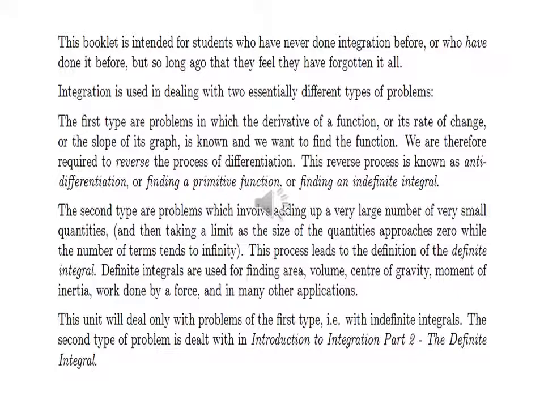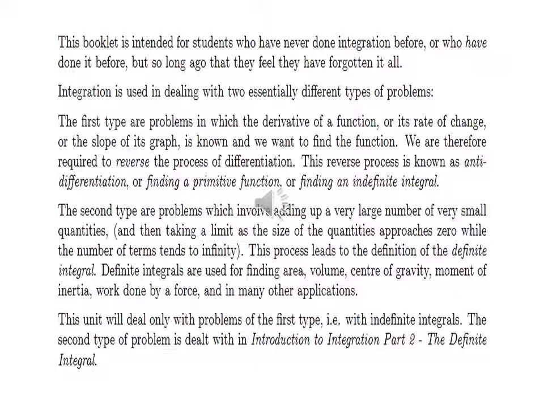The first type are problems in which the derivative of a function, or its rate of change, or the slope of its graph is known, and we want to find the function. We are therefore required to reverse the process of differentiation. This reverse process is known as anti-differentiation, or finding a primitive function, or finding an indefinite integral.